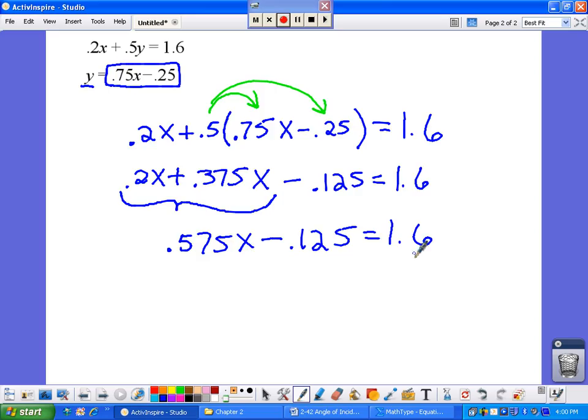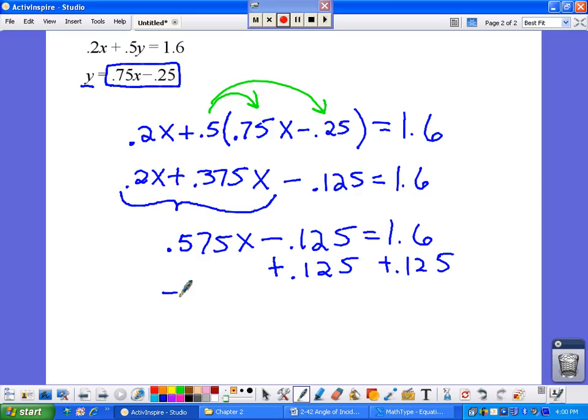So whatever you have on one side, we can eliminate everything down to just being x equals. So I will get rid of this by adding 0.125. I'm going to add 0.125.